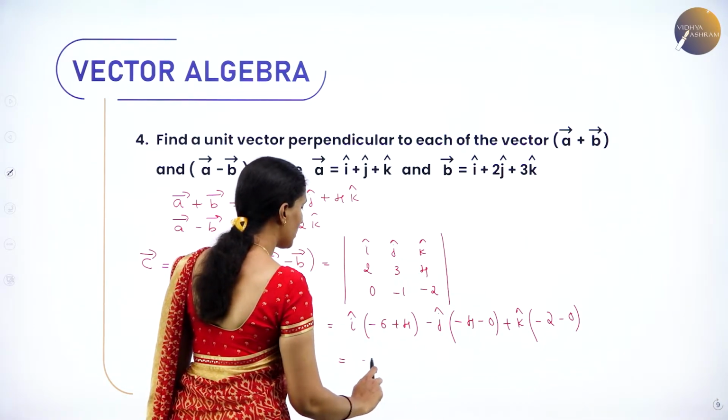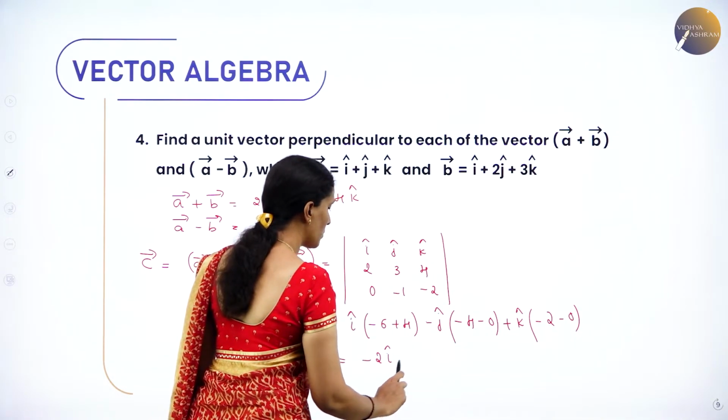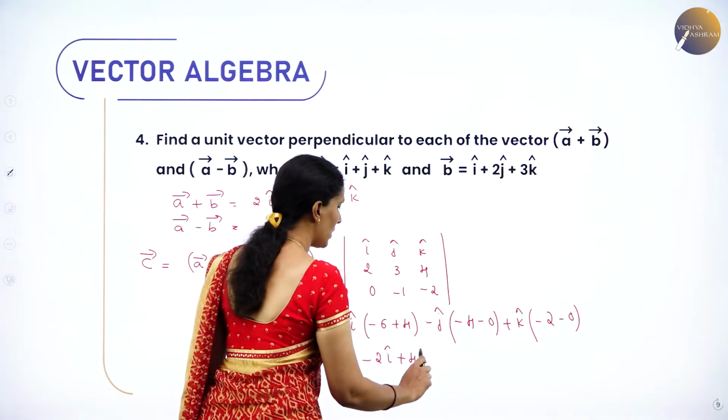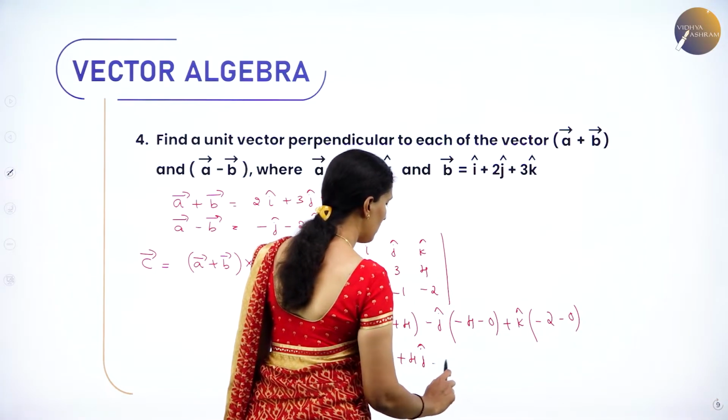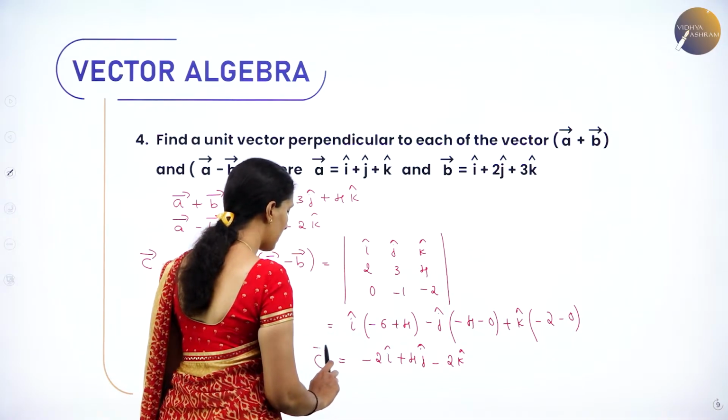So here I'll get minus 2i, and here minus outside minus gives plus 4j, and here minus 2k. So this is our vector C.